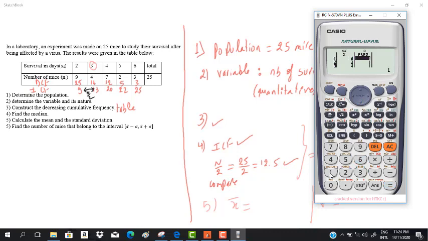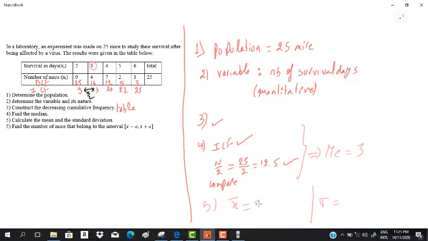Then the frequencies 9, 4, 7, 2, 3. AC, to find the mean we have to click shift 1 4 2 equal, and the answer is 3.44. I just copy it, and this is what we need to write.